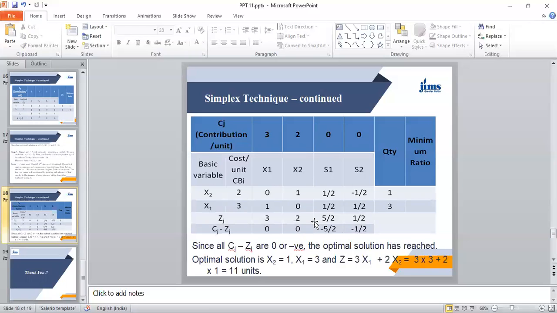So today we have solved a maximization problem of two variables by the simplex technique. In the next class we shall extend our discussions to some other kinds of problems also.